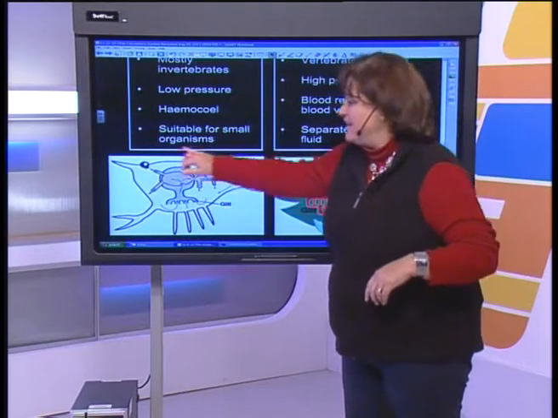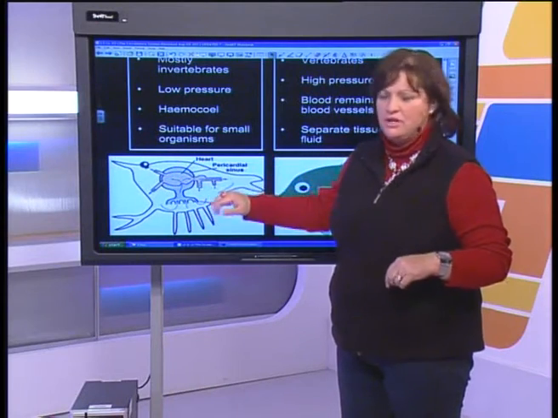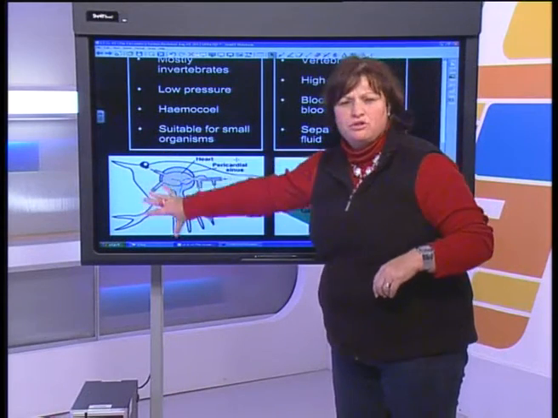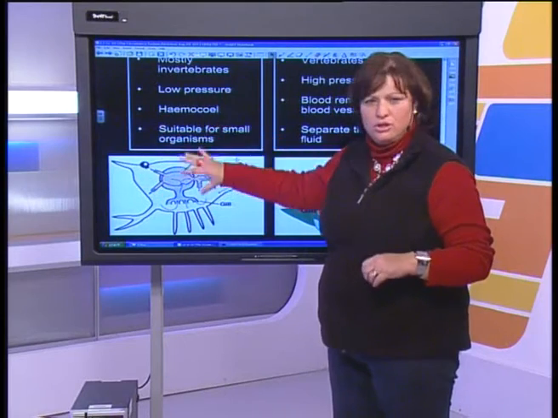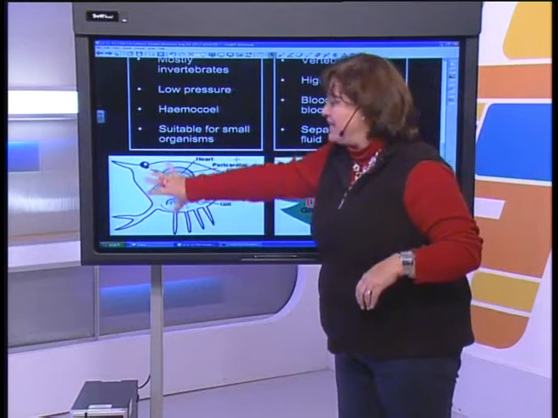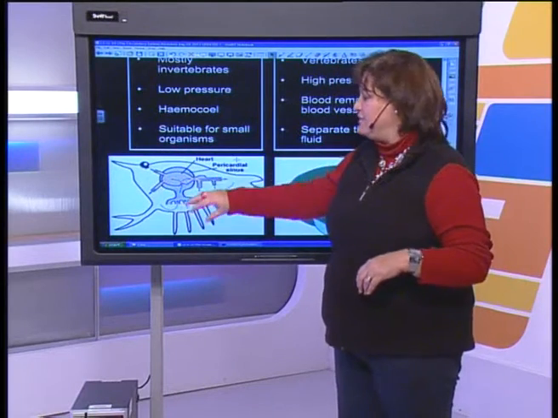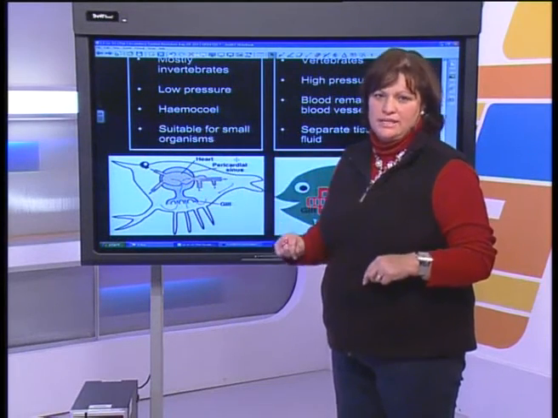That's because their blood doesn't travel in specialized blood vessels. All the oxygen is all over the show. It's dissolved in the fluid, and that we call an open circulatory system. You'll hear about a haemocoel when you get to grade 11 next year. You'll start to learn more about the structure of the insects.